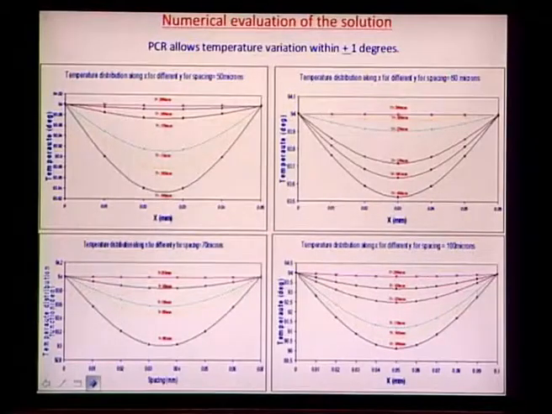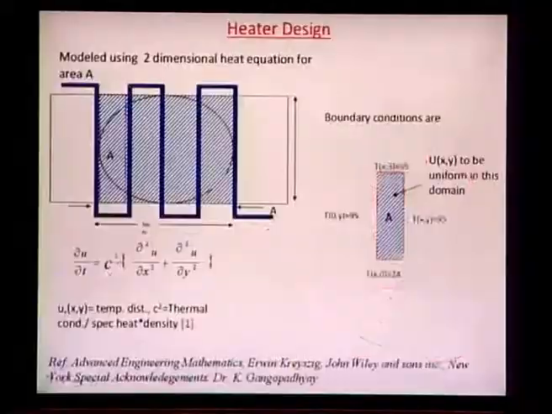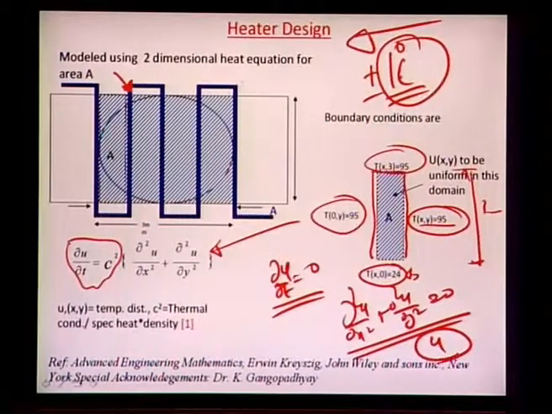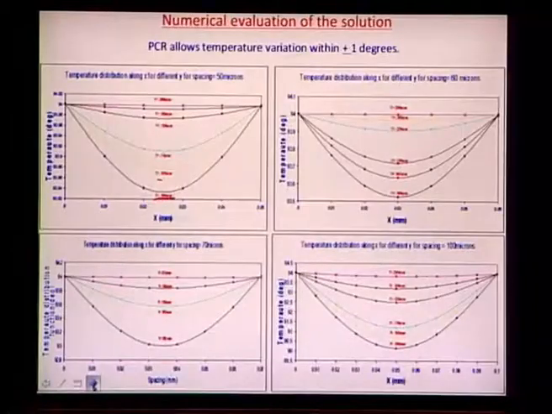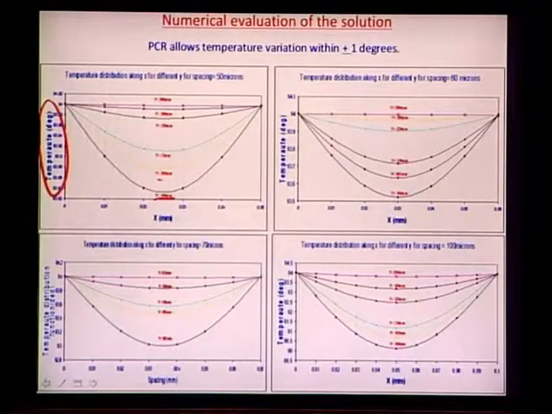As you see here, for different values of y spacings, that means for different values of the length of the heater, you could actually get the plot between temperature and the x distance. You can see that somewhere along the center, as the y is more, the temperature is actually not very uniform.